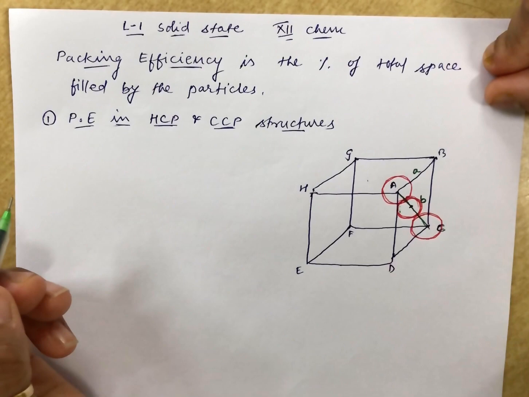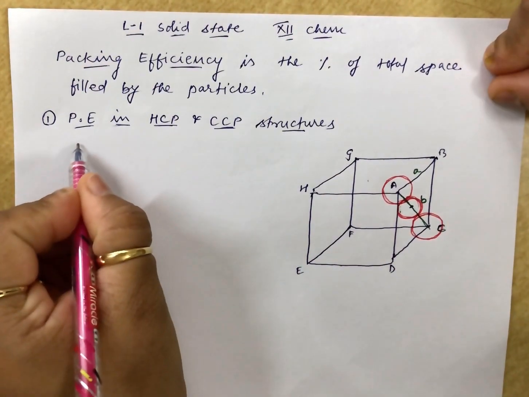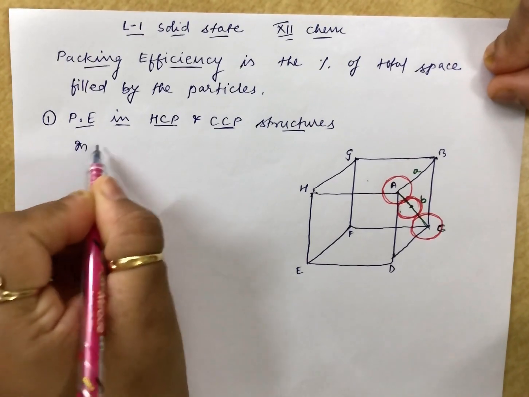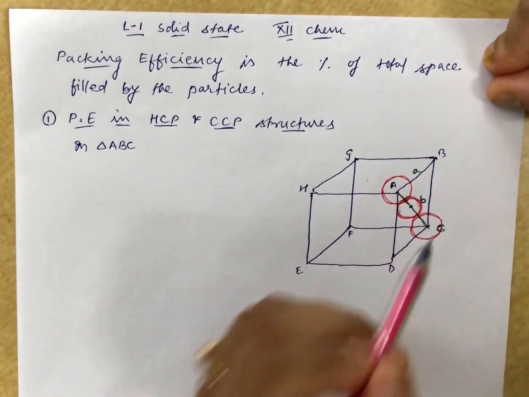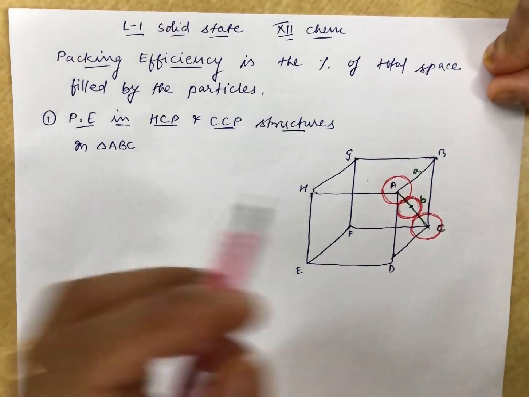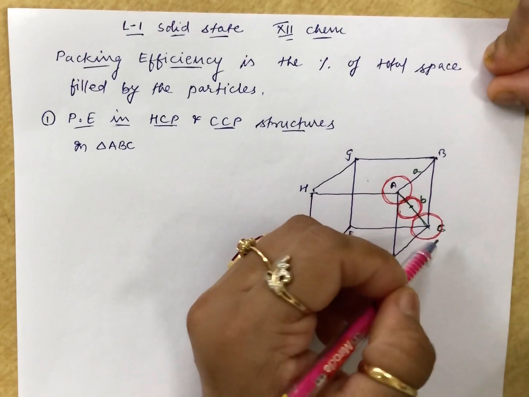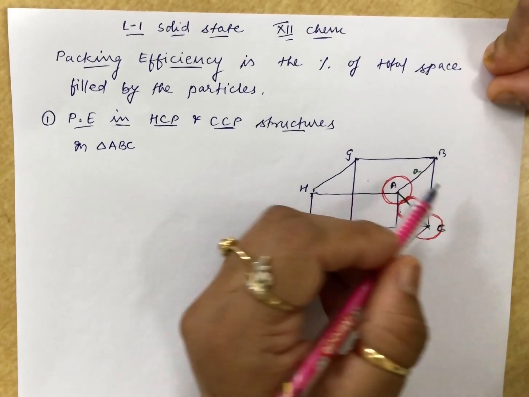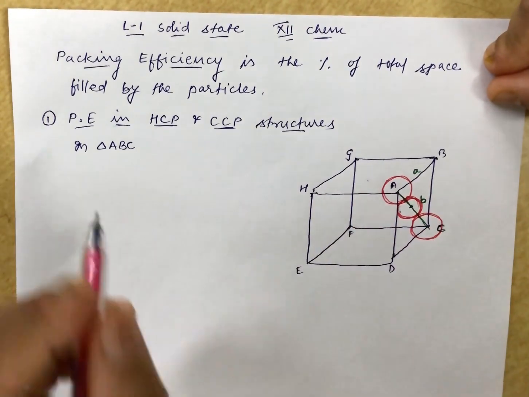Okay. So let us study now to calculate. Here in your triangle ABC, you can see your AB is a, that is the edge length. Even your BC would be a, the edge length. So this AC definitely forms a hypotenuse.